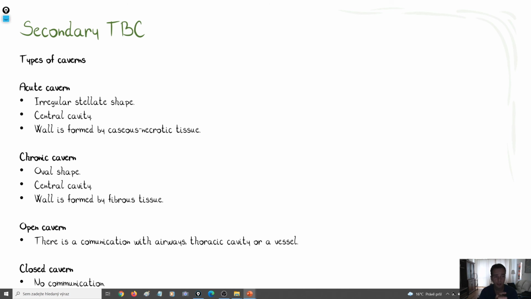So chronic cavern is a scarred cavern. We can also subclassify the cavern into open and closed. Open means that there is some sort of communication with airways, thoracic cavity, or blood vessel. Closed cavern means that there is no communication. It's just a cavity in the pulmonary parenchyma.